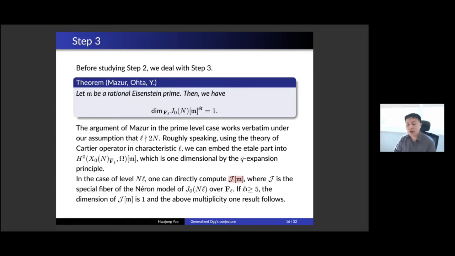And when L is at least 5, the dimension is always 1, you can prove. However, when L equals 3, for some maximal ideal, we cannot prove that the dimension equals 1. That's why Ohta's result does not work when L equals 3 and the level N is divisible by 3.